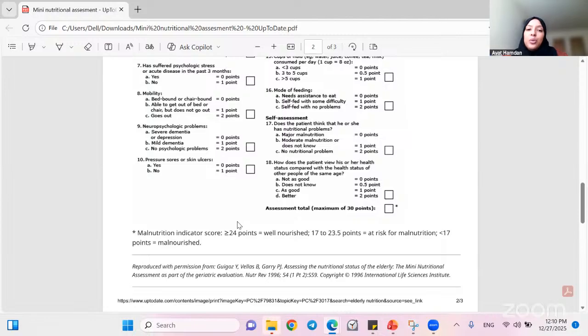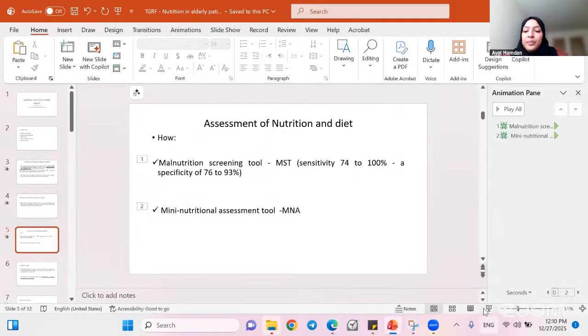Any points less than 17 means the patient is malnourished, and we need to intervene to figure out the cause, and we try to help the patient as much as possible. Between 17 and 24, we consider him at risk of malnutrition, and we need to act on that as well.